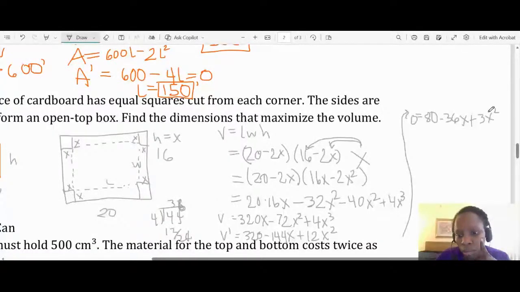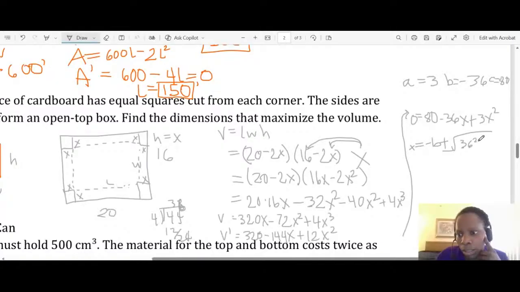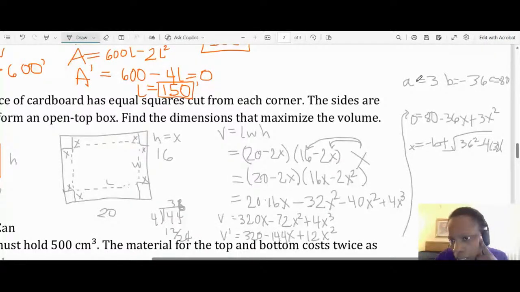Okay, so let's do with this. Let's say A is equal to 3, B is equal to minus 36, C is equal to 80. That's a little bit better. So x is equal to 36 squared minus 4 times the 3 times 80.